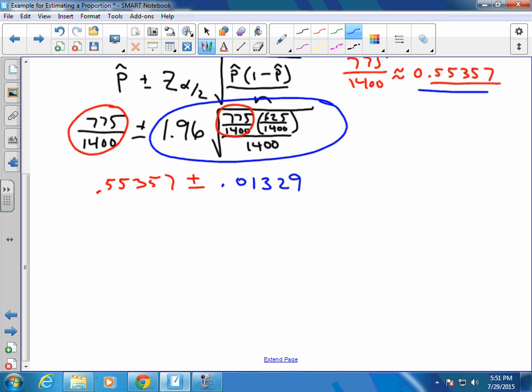Here's where you might round off. So let's suppose we want to use 3 decimal digits. Then the minus sign is going to give me the left endpoint. So let me just make sure my mental math is working here. If we do 0.553 minus 0.013, that would be 0.540.